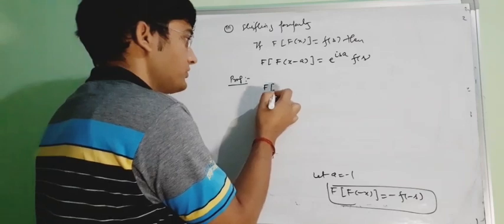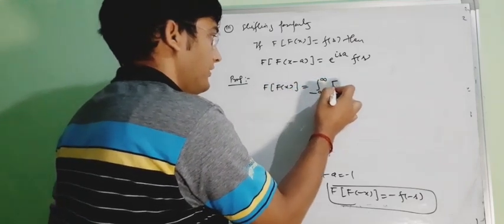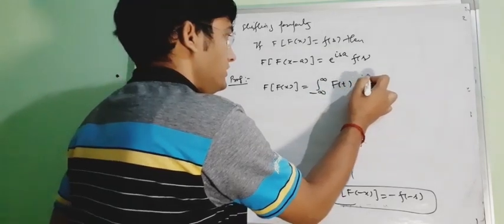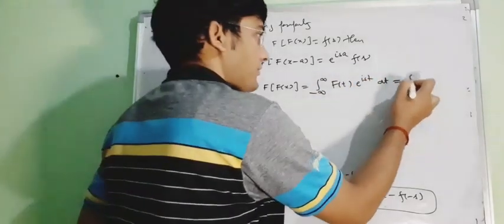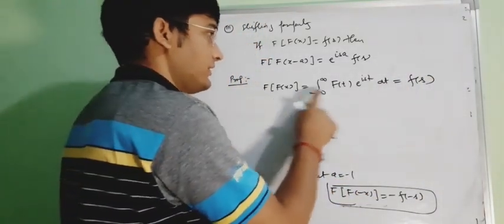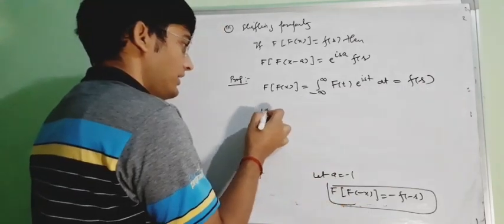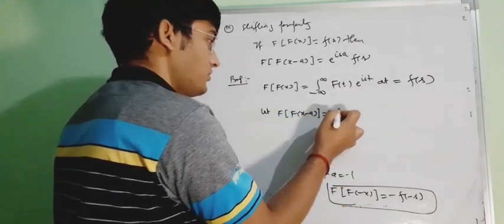So the Fourier transformation of f(x) is equal to the integral from minus infinity to infinity of f(t) e to the power ist dt, and this was your F(s). That means the Fourier transformation of f(x) is equal to F(s). Now as we have to replace our x by x minus a, so let us find its Fourier transformation.